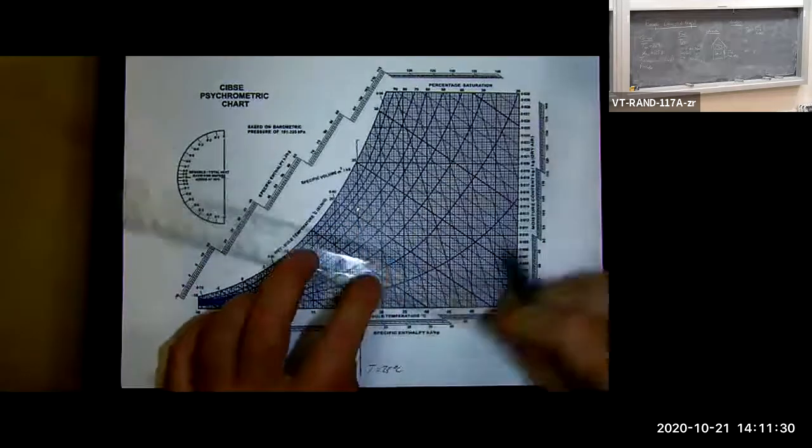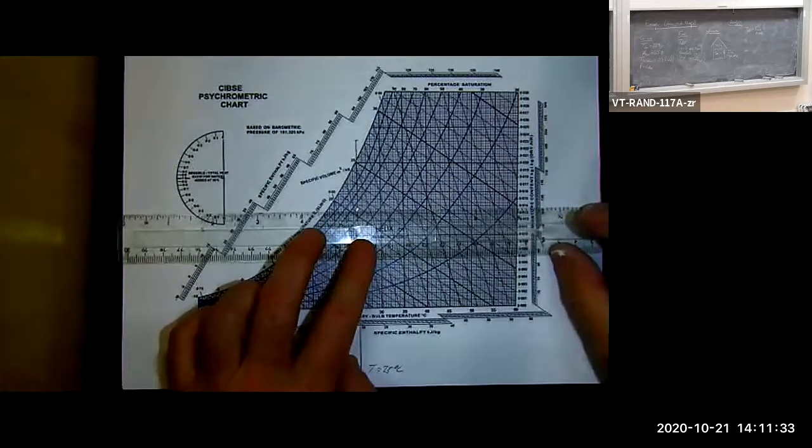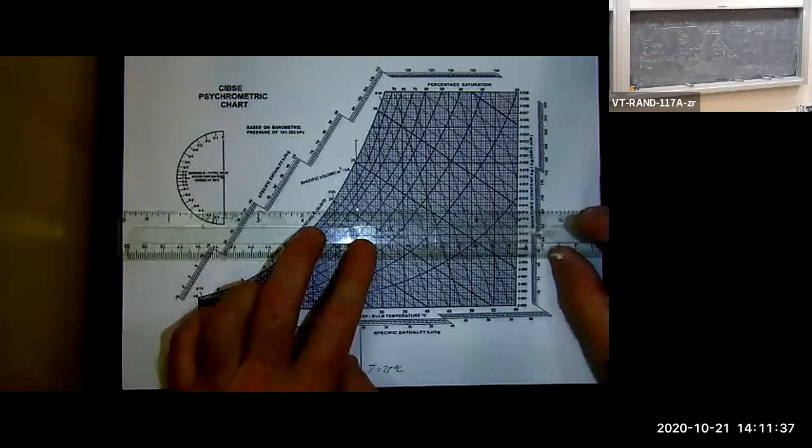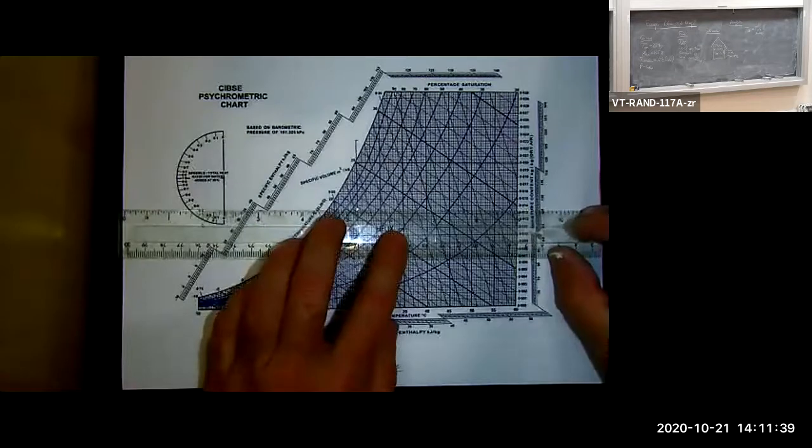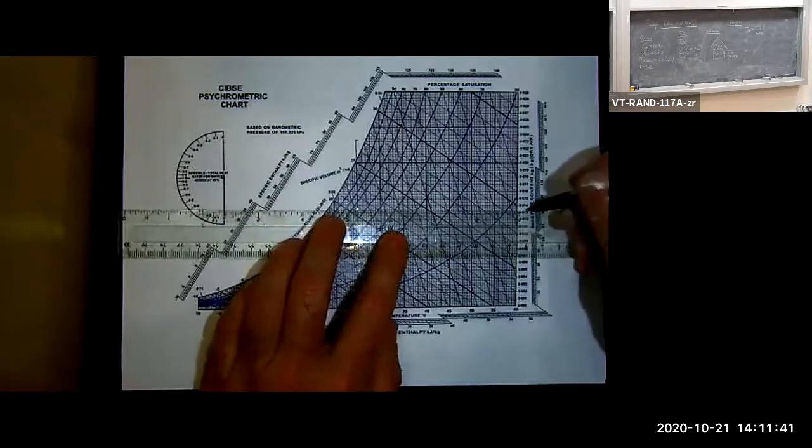And now I'm going to put a line indicating our absolute humidity.